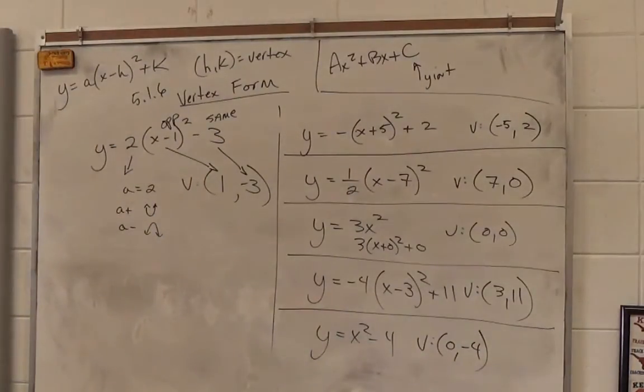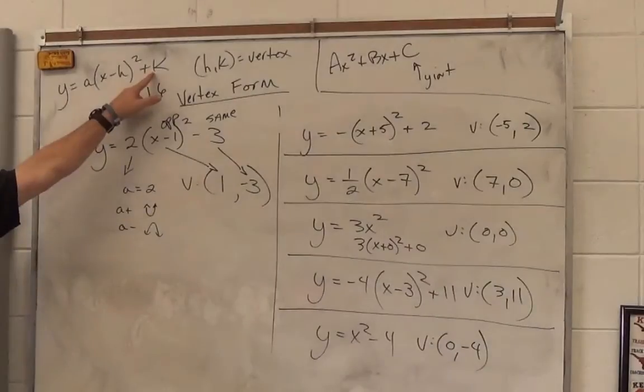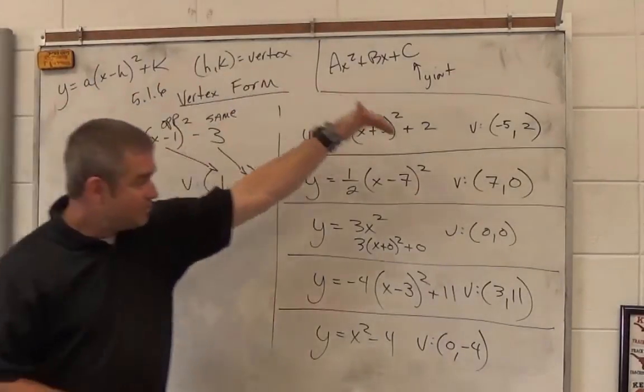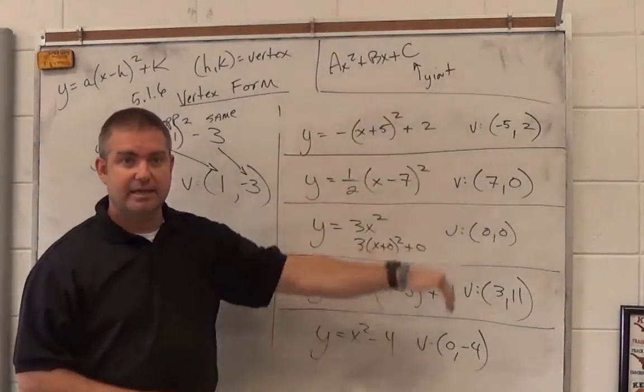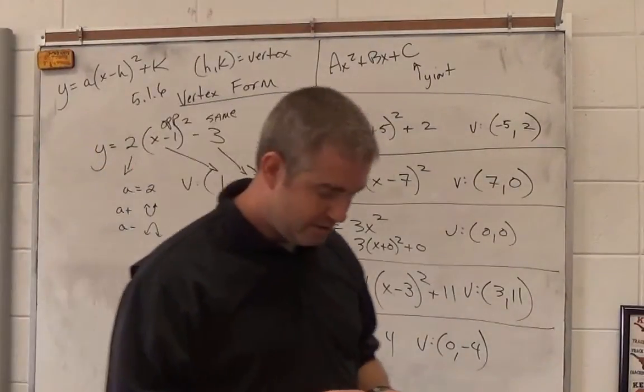So if I give you a parabola in vertex form, you can, A, tell me whether it opens up or down by looking right there, and then tell me the vertex by simply doing the opposite and the same. If you can tell me the vertex and up or down, you have a pretty good chance of graphing.